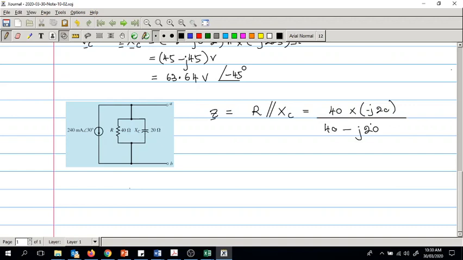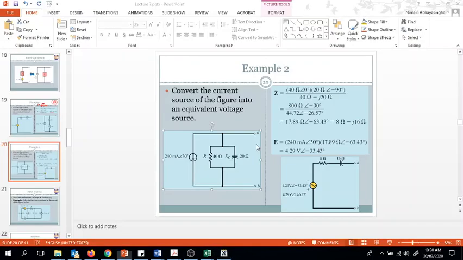Equal, what you get is 8 minus j16, right? So that's what you got here, 8 minus j16.